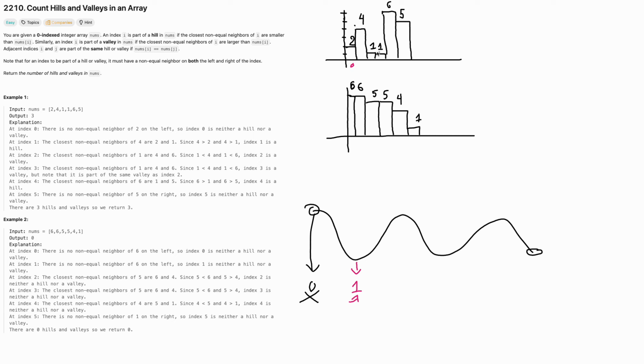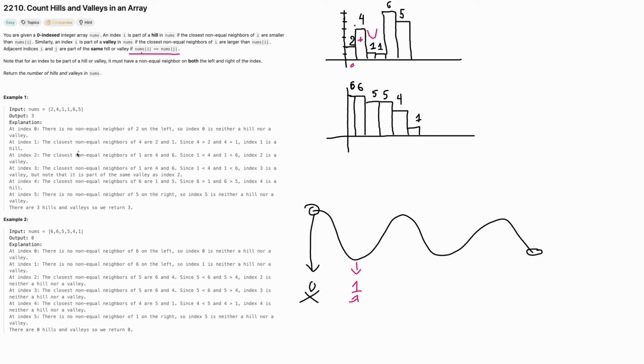So here we have one hill, and this one is only one valley. There is also a condition when some of the neighbors have equal values, where a neighbor has the same value as the neighbor before.